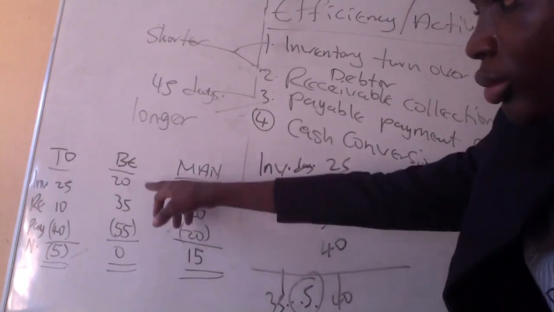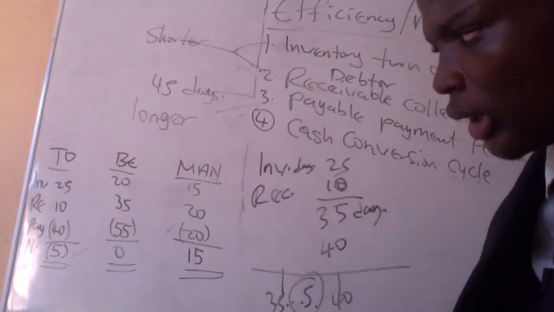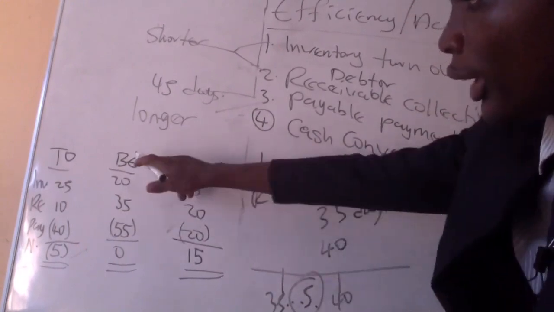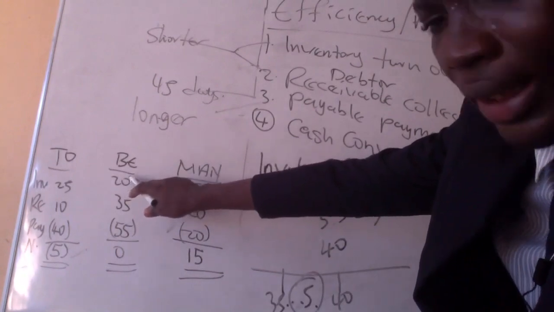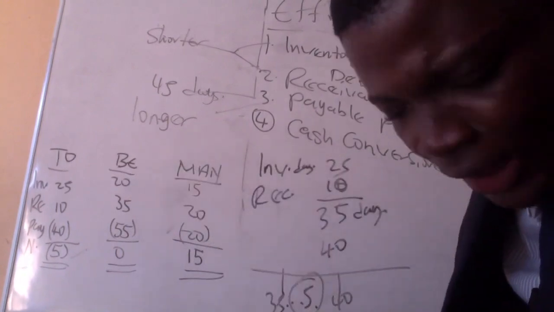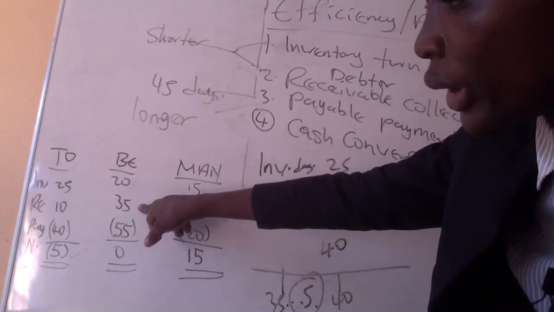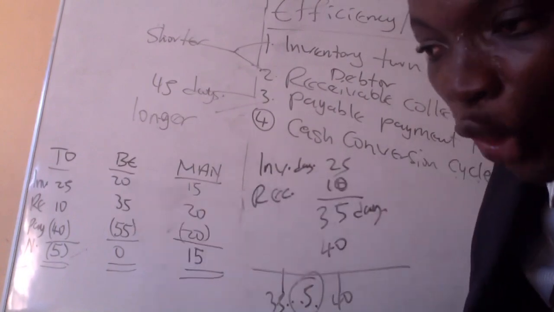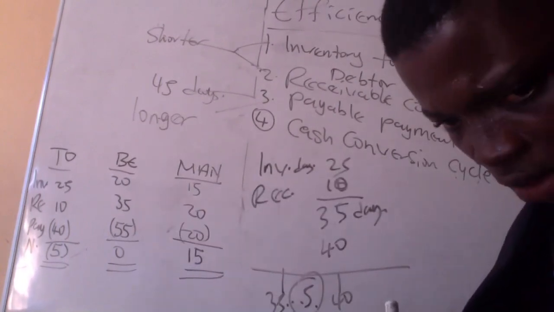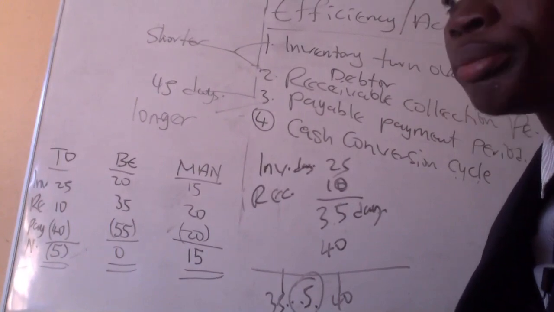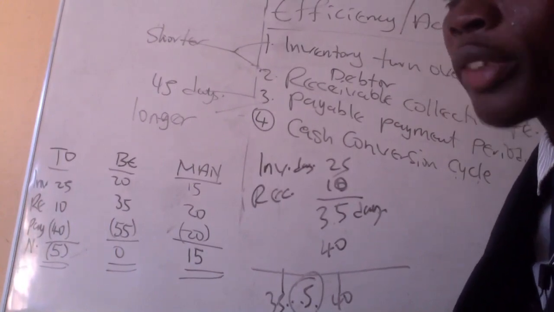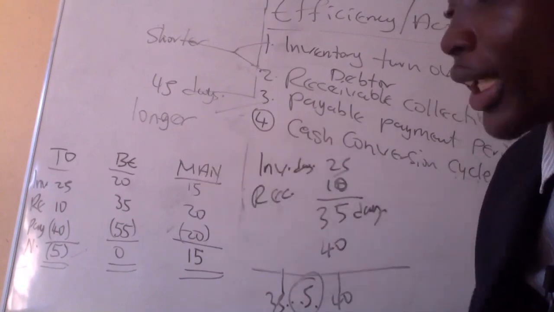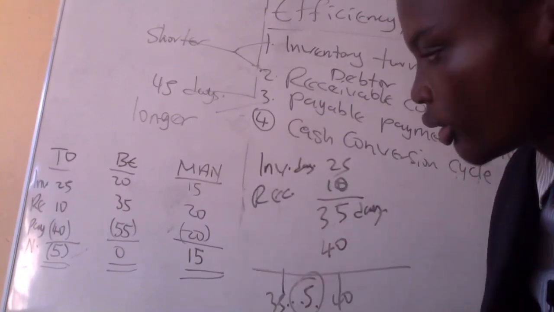Now let's see B. It takes him 20 days to sell the goods and 35 days to receive the money, so it takes 55 days for him to get the money from the goods sold.